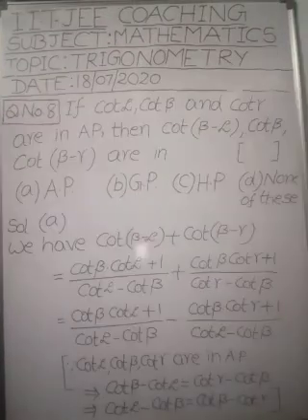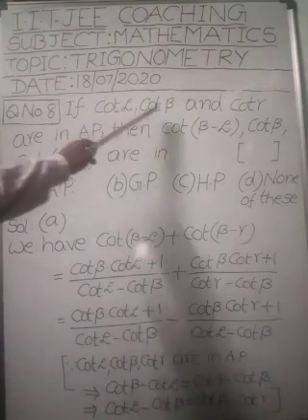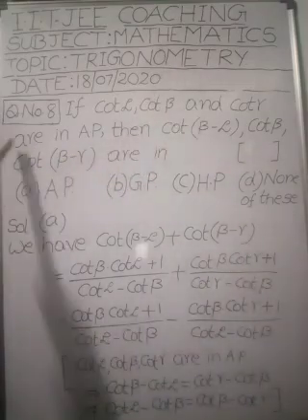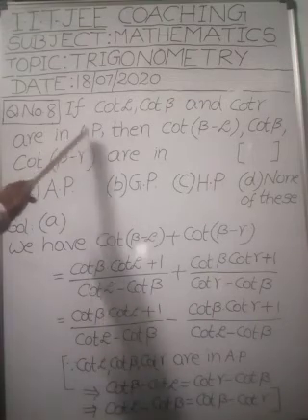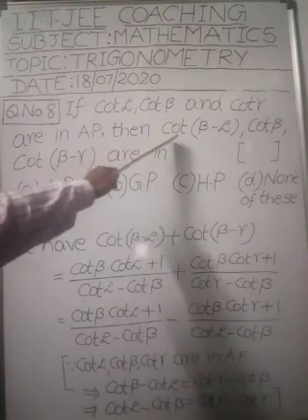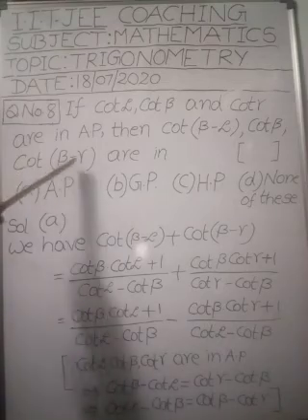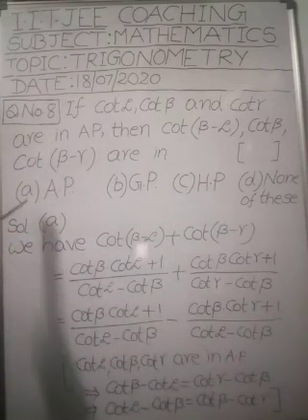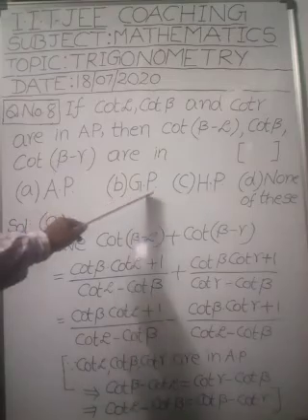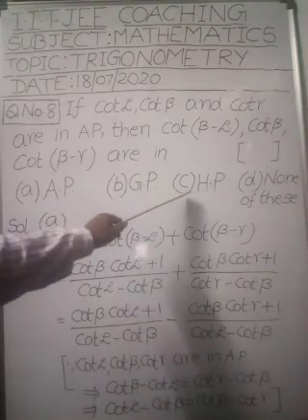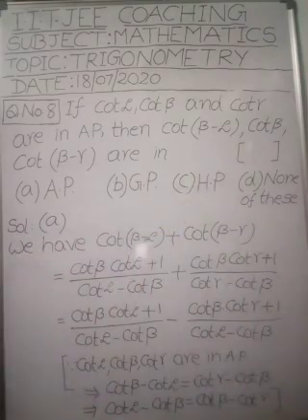Right. Now come to question number 8. If cot alpha, cot beta, and cot gamma are in AP, the three terms are in arithmetic progression, AP stands for arithmetic progression, then cot of (beta minus alpha), cot beta, cot of (beta minus gamma) are in: first option arithmetic progression AP, second option geometric progression GP, third option HP harmonic progression, and fourth option none of these.